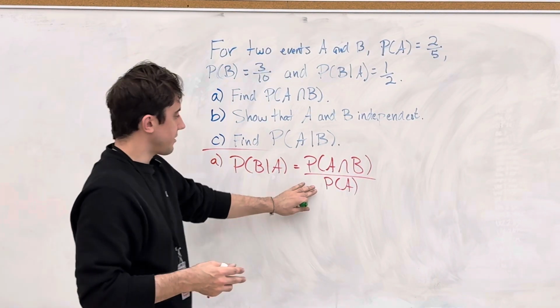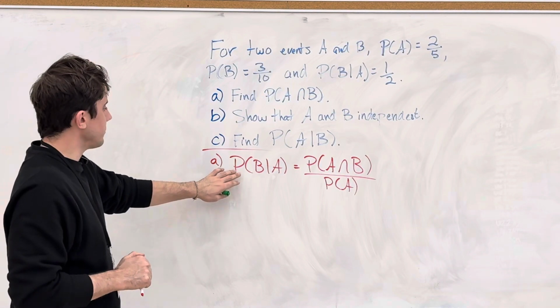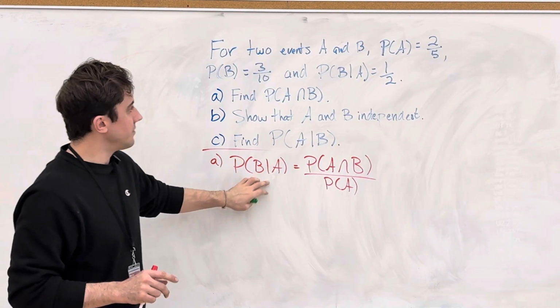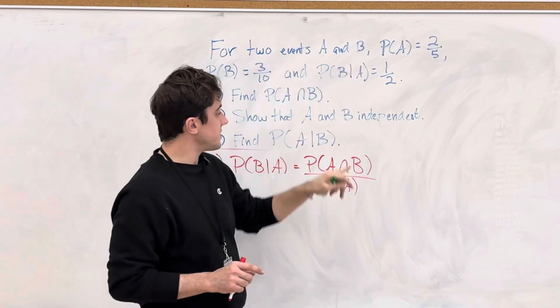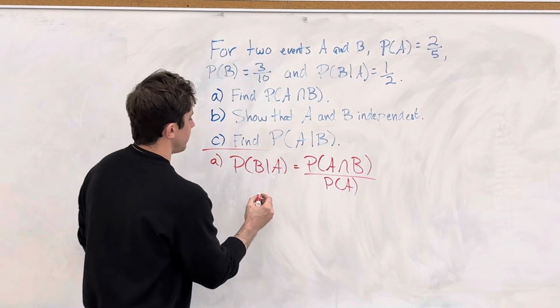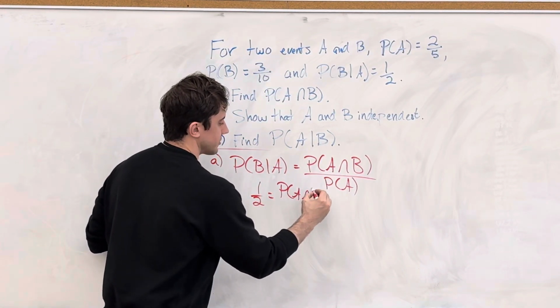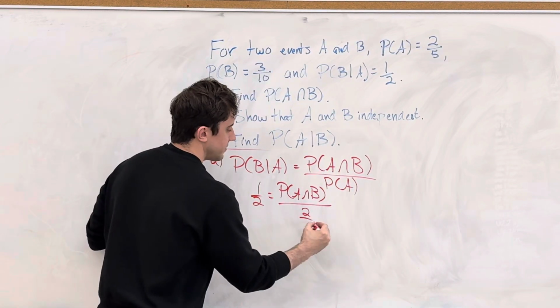Now, this is a standard equation that's in any textbook that you're studying with, so we can fill values in. So the probability of B given A is 1/2. The probability of A is 2/5, and so now we can solve for that numerator, right? We can fill in 1/2 is equal to the probability of A intersect B all over 2/5.